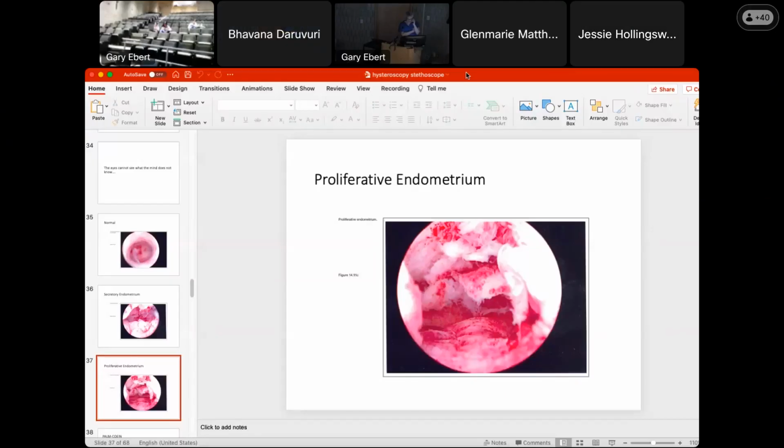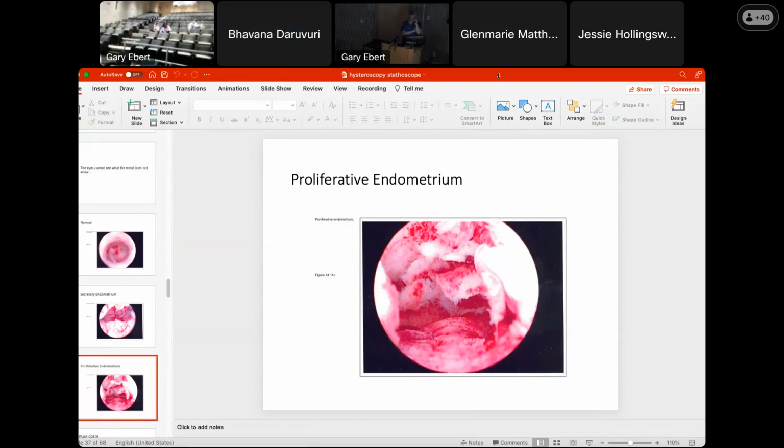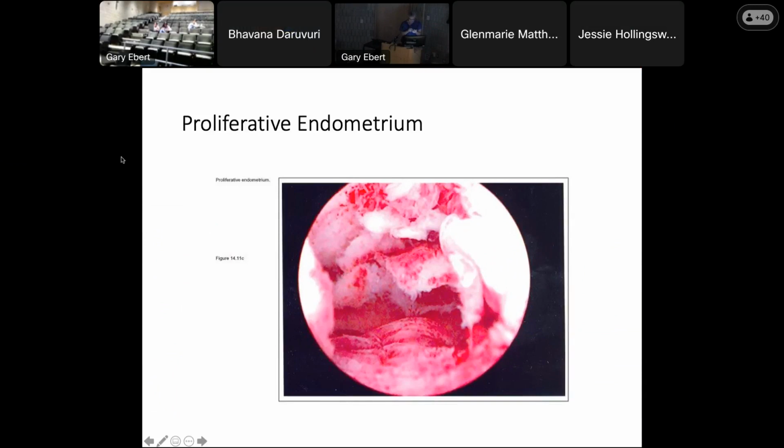You don't see it still? It's here. Oh, you see it. And we see the slide that says proliferative endometrium. All right, good.